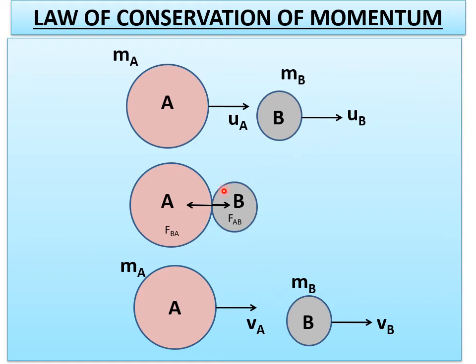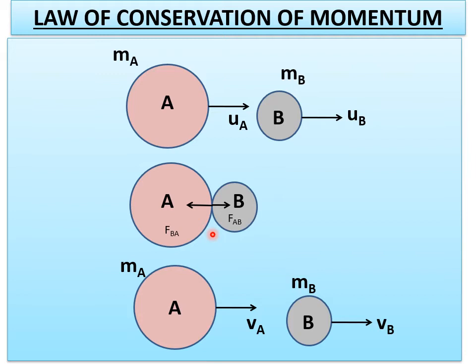So when they collide with each other, for a short interval of time during collision, what happened here? The force exerted by A on B is FAB. Similarly, the force exerted by B on A is FBA. And we have to remember that no external unbalanced forces act on these two balls.